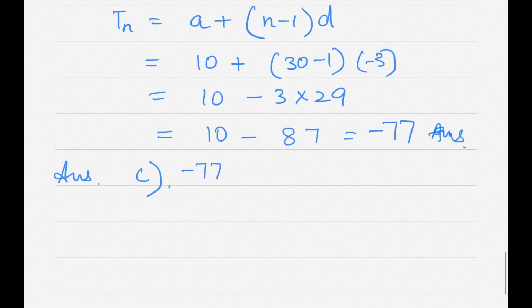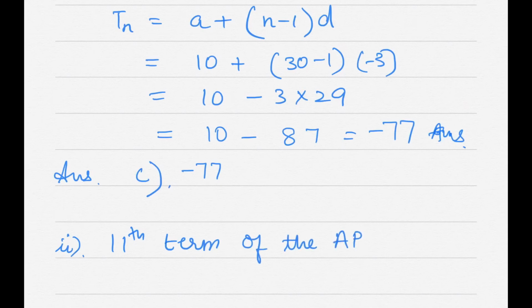Now let's move to the second part of it. So the second part says 11th term. Okay, 11th term I have to find out of the AP. AP is given here again: minus 3, minus 1 by 2, and then 2, and so on.